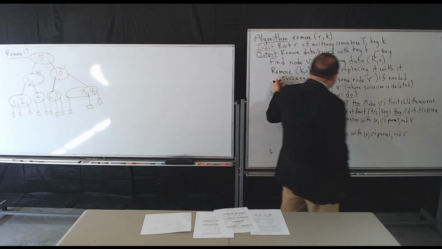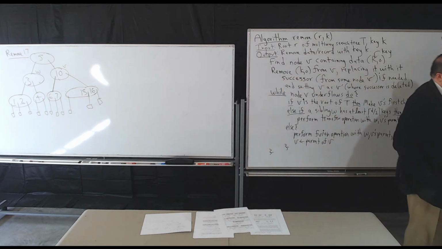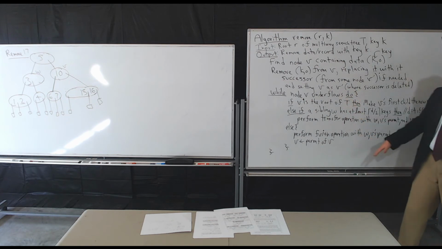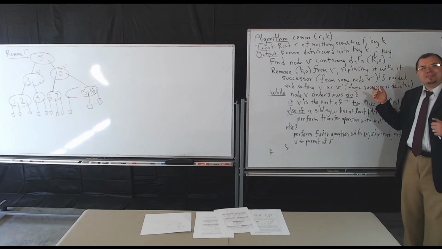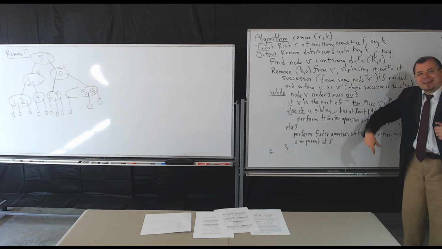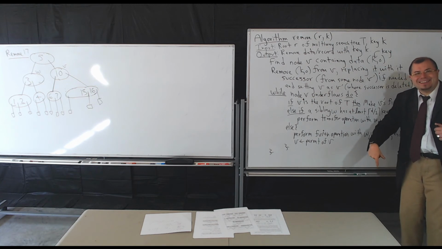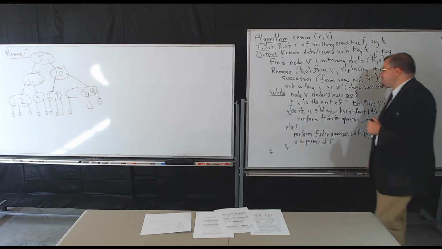Because if you ever have to go down to the successor, you're going to have to do these more complicated operations because a trivial deletion like this will happen more likely down here. So it's worth noting that if you do deletion from here, you could potentially have an underflow. But when can it happen in an internal node? It's when I go down, right? I have to delete the successor, right? That's why I'm saying that.